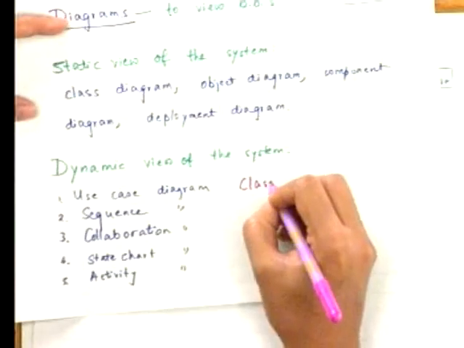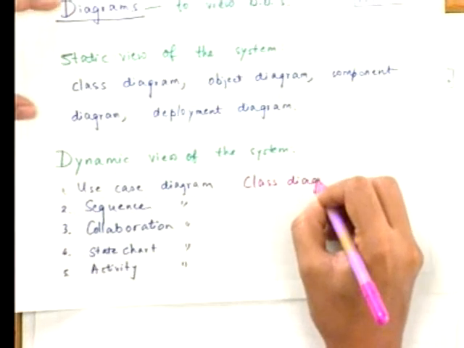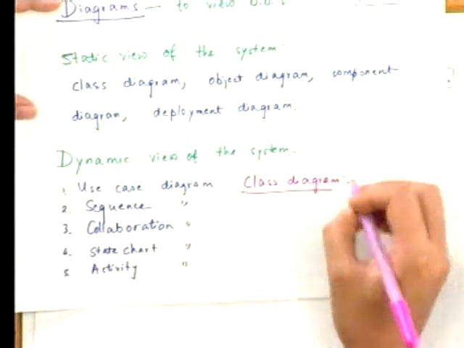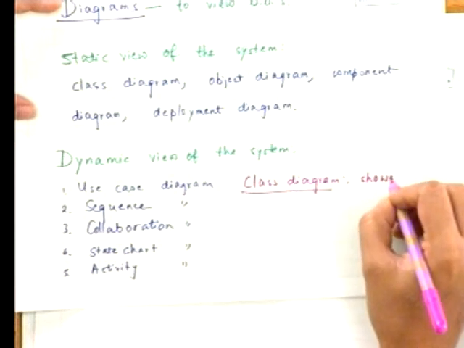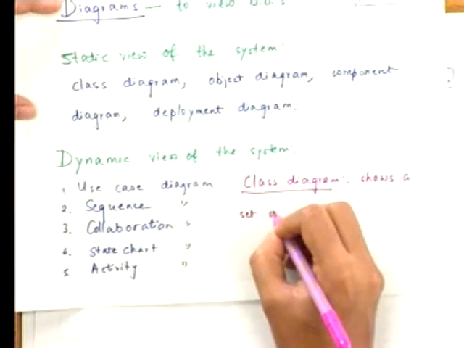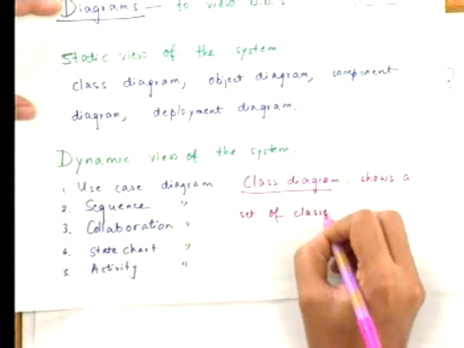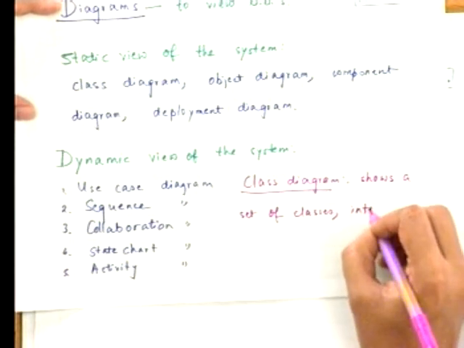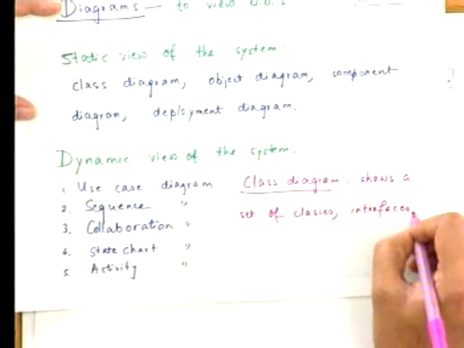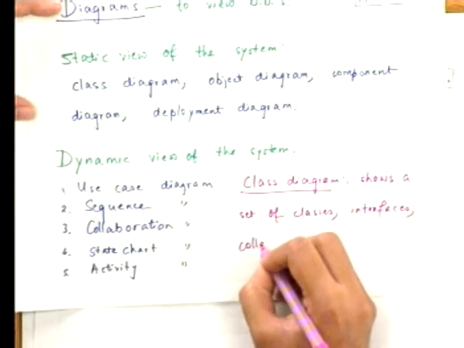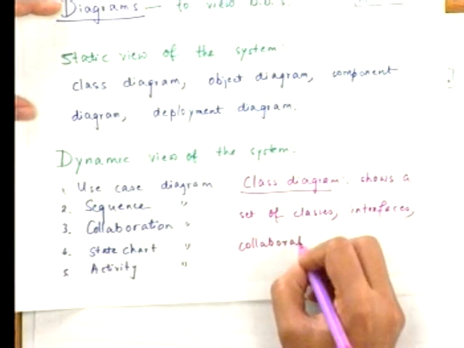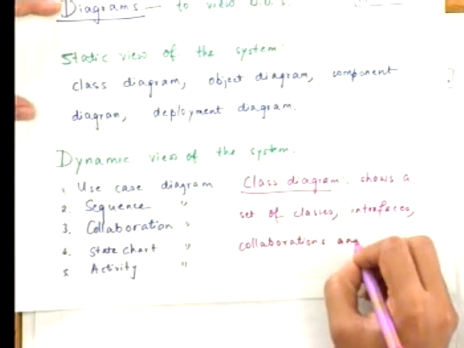So now we will go into class diagrams in some detail. What is a class diagram? A class diagram shows a set of classes, interfaces, collaborations, and their relationships.